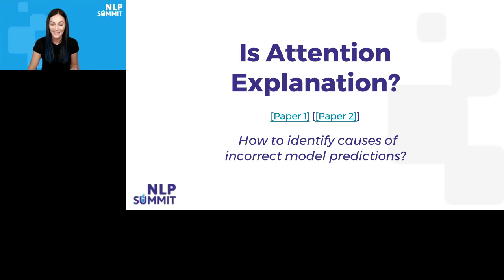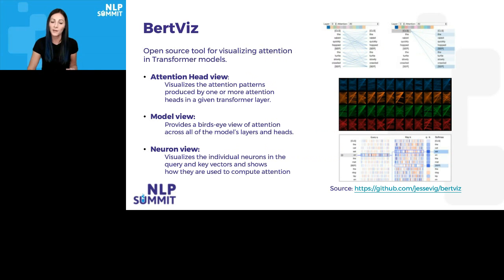So it's really 2 fun papers if you have some time to read. So the root cause again, and the task is, how can we identify the causes of incorrect model predictions? And visualization is definitely one part, which helps us to understand the model maybe a little bit better. But to really explain, there might be a couple more steps that are needed.